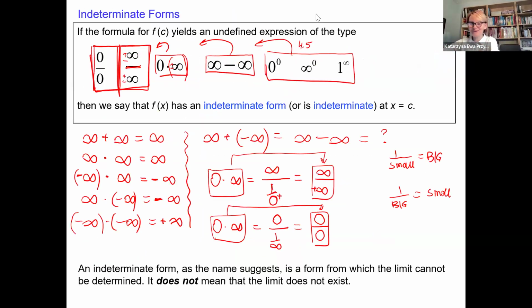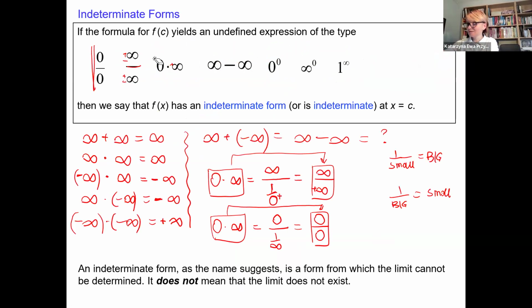Those are the indeterminate forms. Do you see a constant number over 0? We just have 7 of those. Constant over 0 is actually not really an indeterminate form.